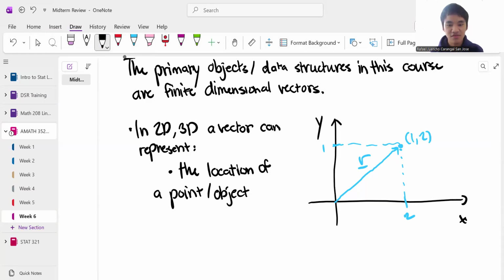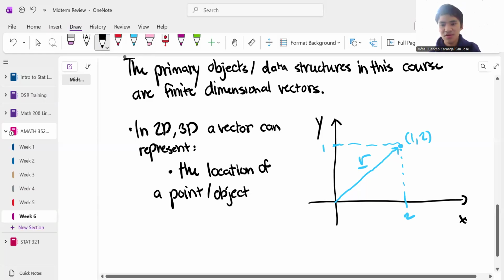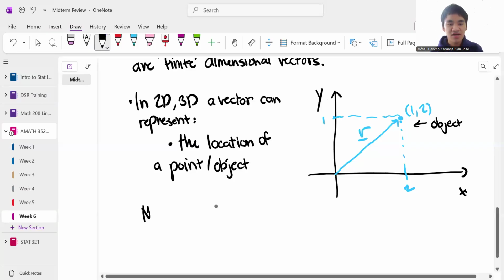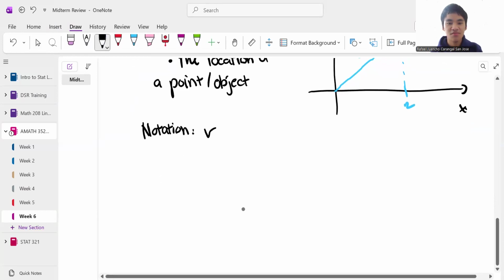We're going to draw a vector out of it. So what do we call this? We call this an object, right? This is the object in 2D space. Now we have different kinds of notation for it. For this course, I'm going to use, okay, let me just write it out.